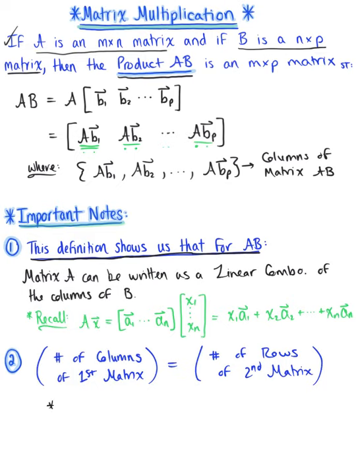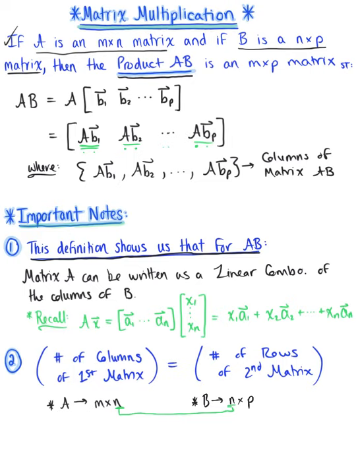So let's make a little love note here to ourselves that in this definition we have matrix A defined as an M by N matrix. And we are also given this matrix B, and we are given that this is an N by P matrix. Now, before you start trying to take the product, you should always check: do the number of columns of the first matrix match the number of rows of the second matrix?